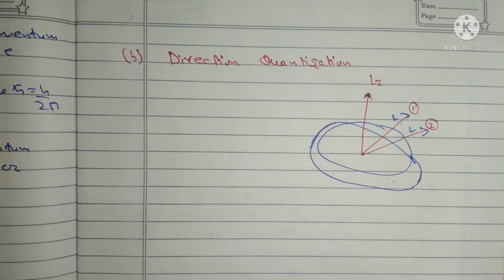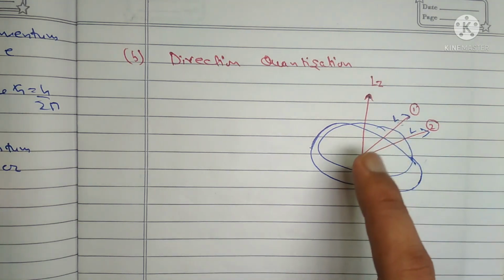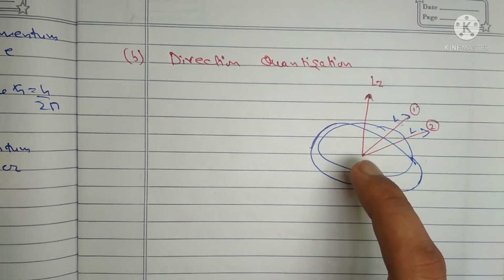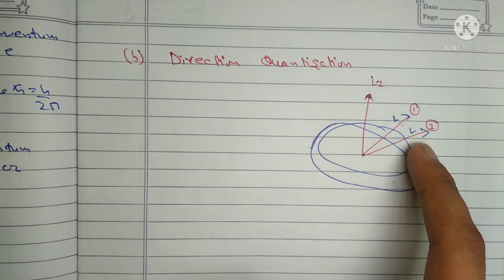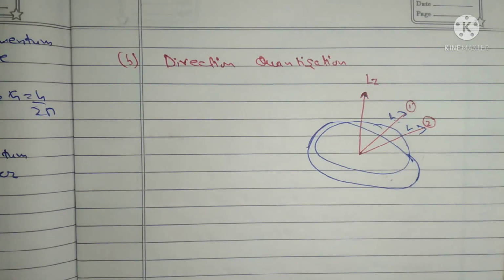Now let us take the case of two orbits. The first orbital has angular momentum in this direction, and the second orbital has angular momentum in this direction, where Lz is the angular momentum along the z-axis. Direction quantization basically results in the same magnitude of the angular momentum but different directions.